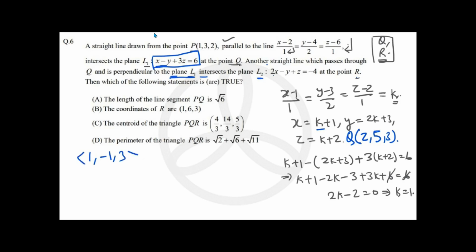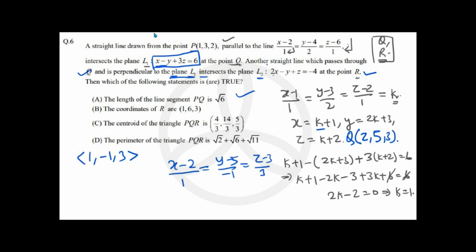Here we can take a line which is passing through this point: (x minus 2) divided by 1 is equal to (y minus 5) divided by minus 1 is equal to (z minus 3) divided by 3. This is the line which will be passing through point Q and will be perpendicular to L1, and it meets L2 at point R.